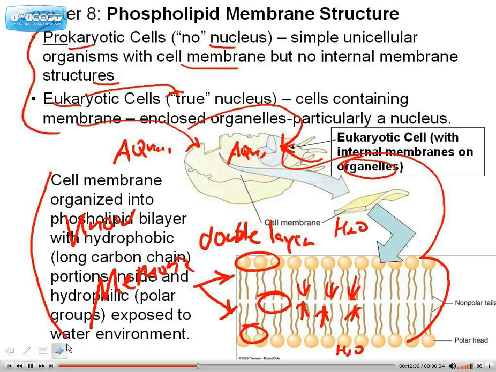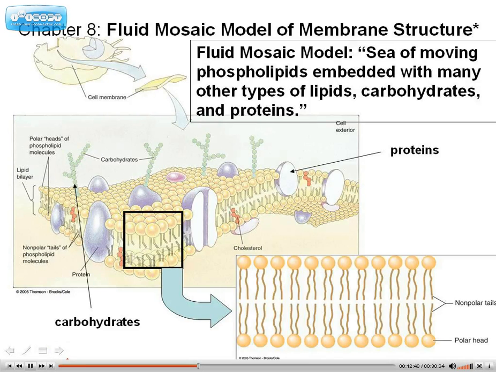Memorize, memorize, memorize. We call this the fluid mosaic model. And basically what happens is it's a sea of moving phospholipids. So it's not a true solid. And basically we have water molecules on each side, and they help maintain this structure.